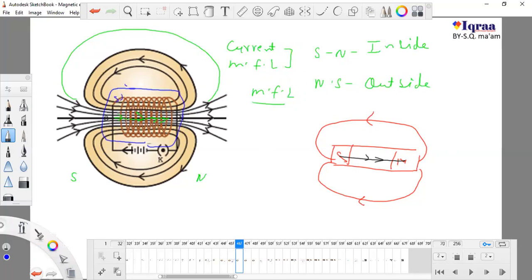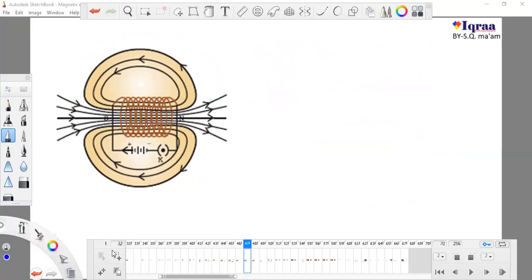You can see this magnetic field. These are magnetic field lines, and these magnetic field lines are present inside the solenoid.